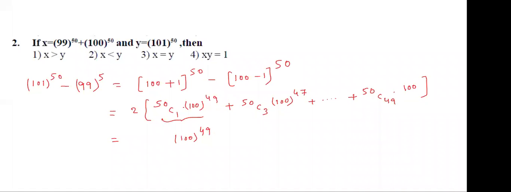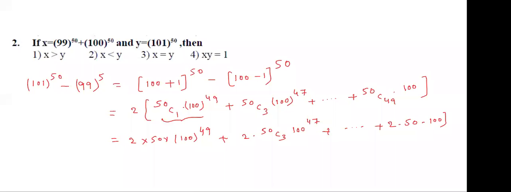If you have not understood, write this: 2 into 50 like this, plus 2 into 50C3. Here no need to calculate that. 100^47 plus and so on. Write the last term: 2 into 50C49, that is 50 into 100.